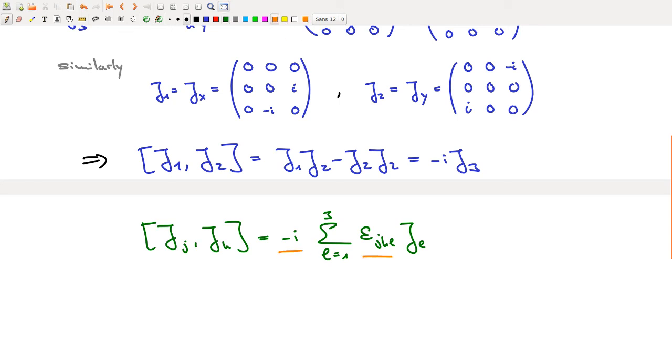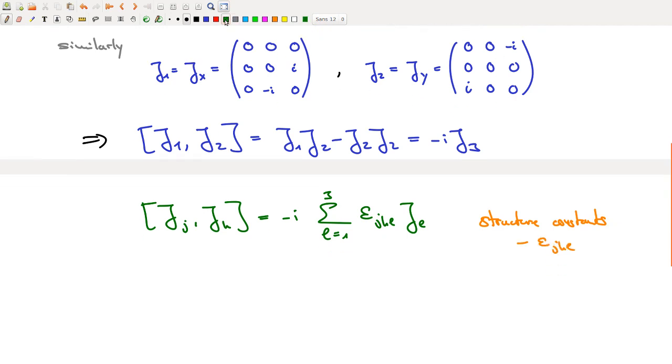So here we have the structure constants, or actually without the I, define this. So the minus epsilon would be the structure constants of SO3.